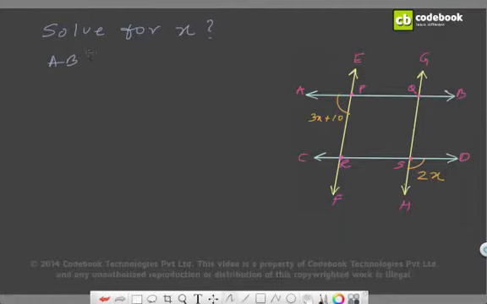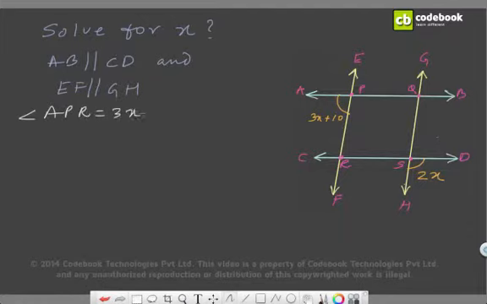AB is parallel to CD and EF is parallel to GH. And we also have been given angle APR is equal to 3x plus 10 and angle DSH is equal to 2x. So now let's try to solve this problem.